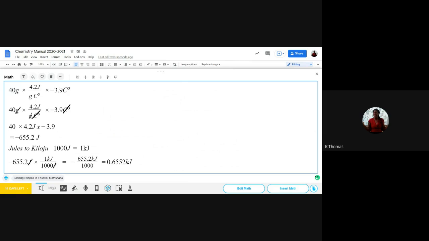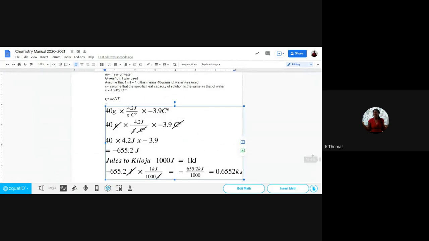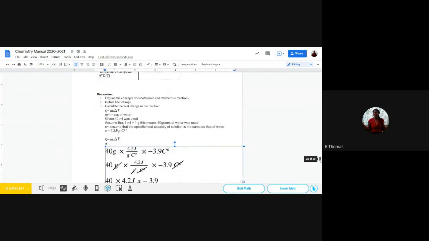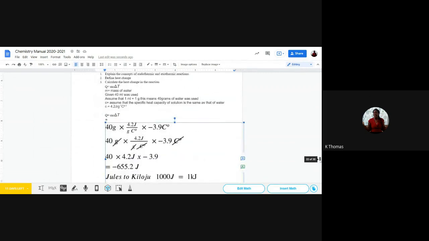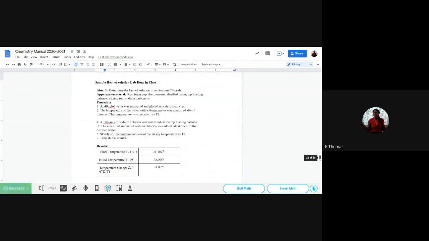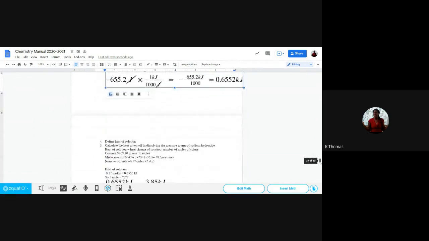Alright, so I didn't do any rounding off. It just gave me that exact answer. Everything looks good, and I did my calculation. Now I need to say whether this is an endothermic reaction or an exothermic reaction.